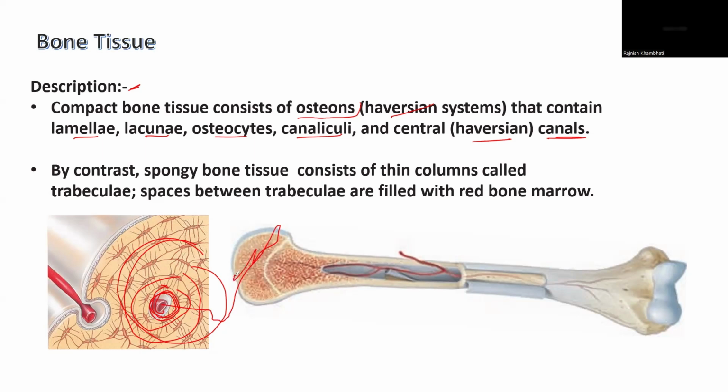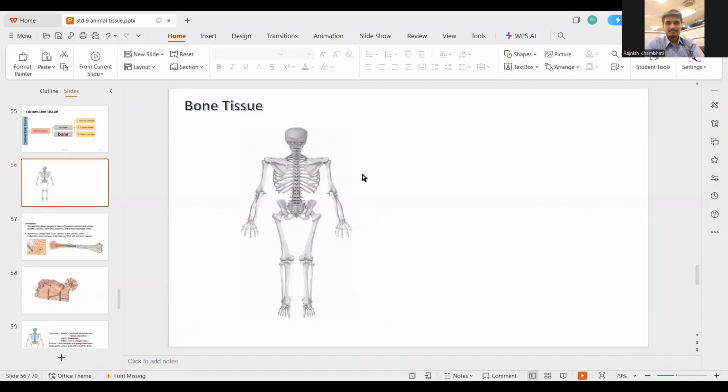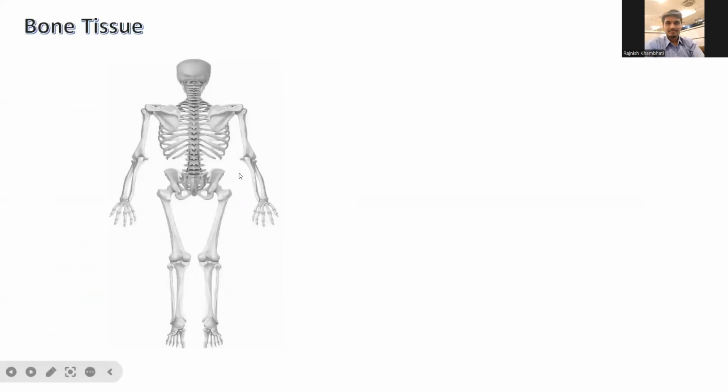Now, at the backside, we have a diagram. Okay, so let's see the diagram. Now, this is bone tissue. You can see this is the skeletal system of the human being composed of bones.